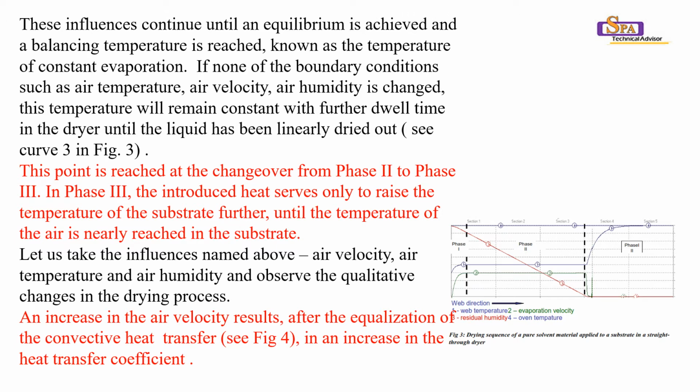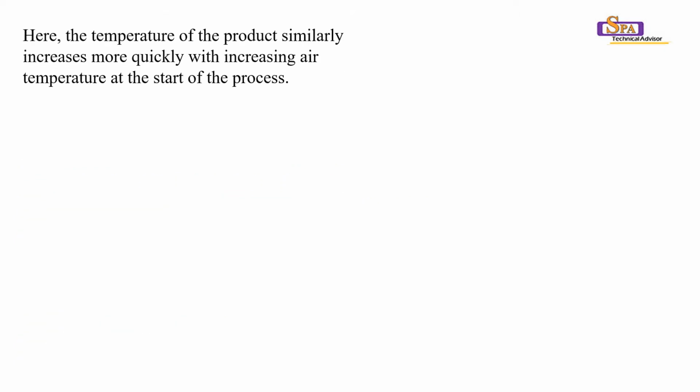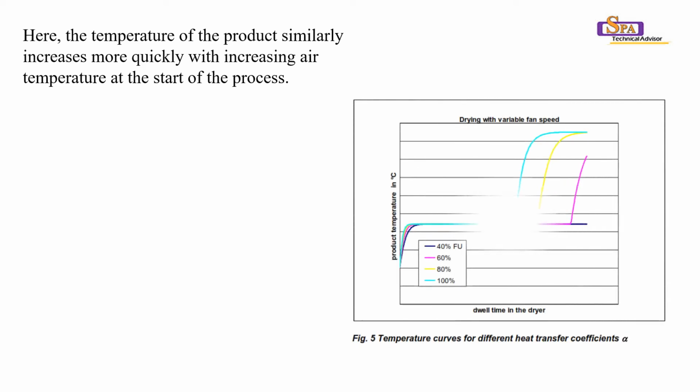An increase in the air velocity results after the equilibrium of the convective heat transfer. See that in figure 4 now. Here the temperature of the product similarly increases more quickly with increasing air temperature at the start of the process.